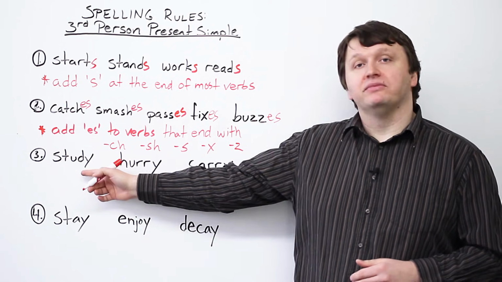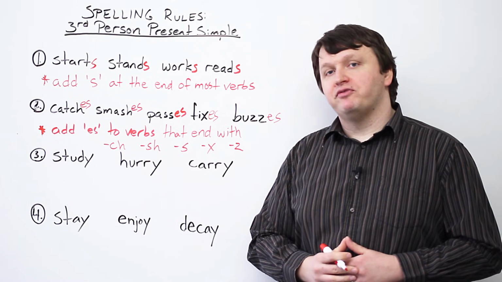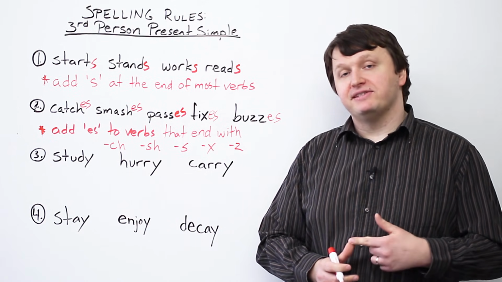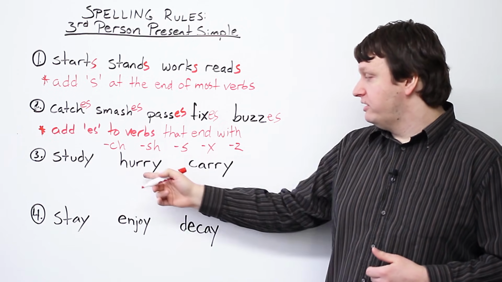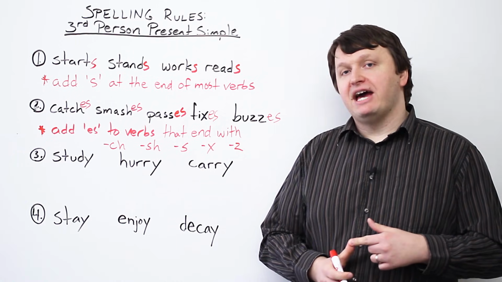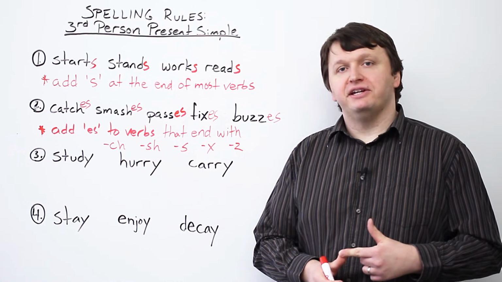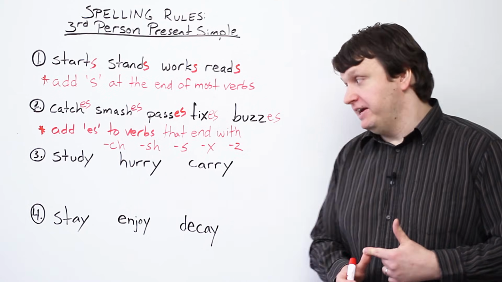In study, hurry, carry, each verb actually ends in a consonant plus a y. So D, R, and R again are consonants. So when we have a consonant plus y, you must change the y to I and add ES.